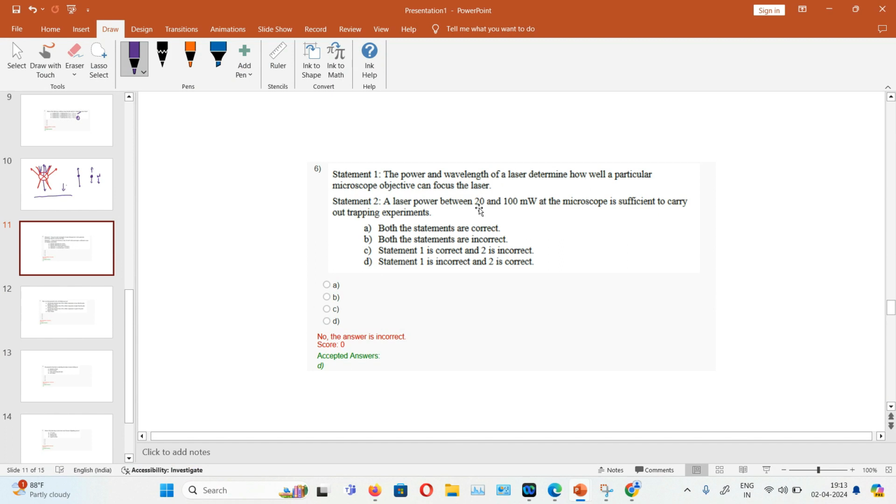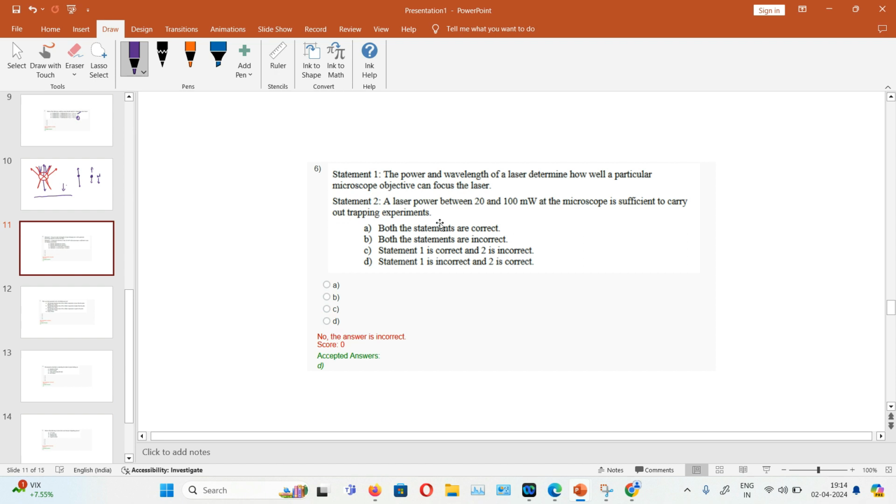The focusing power of an objective lens does not depend on the power and wavelength of the laser light. If the wavelength of the laser light is such that it can transmit through the material of the lens, then the power and the wavelength do not matter. So the first statement is incorrect.